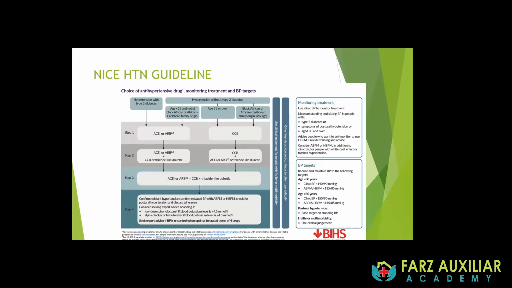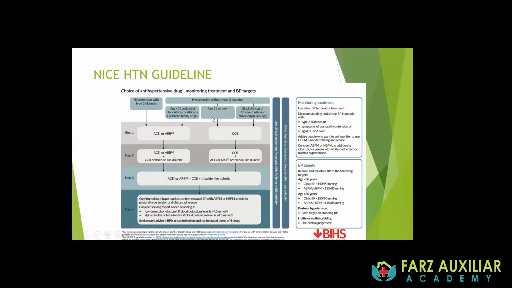In Afro-Caribbeans, the renin level is low, and in the Indian subcontinent, or you can say brown, the renin is sort of intermediate. So for the white population, if they're young, the renin is relatively high, so you use an ACE inhibitor or an ARB.